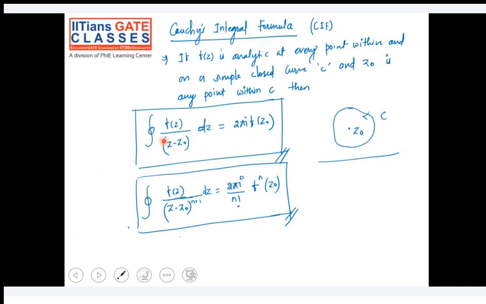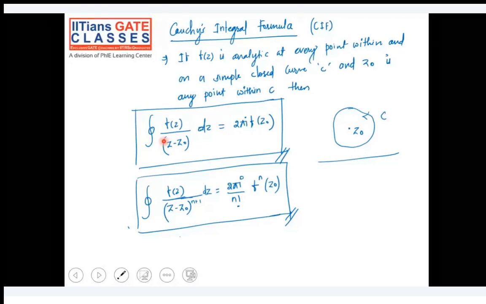So there is no question of analyticity. This is a modified version, if you remember. Here f of z is analytical everywhere within the closed curve C, but we are dividing f of z by z minus z naught. In such a case, this integration over a closed curve C is given by 2 pi i f of z naught.